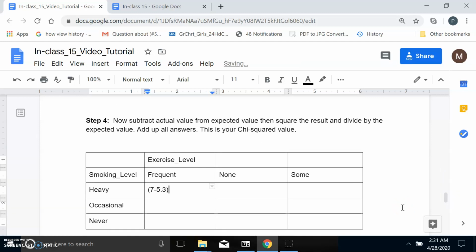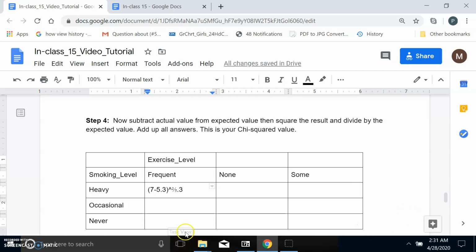Then we're going to square that result and then divide by expected value, 5.3.